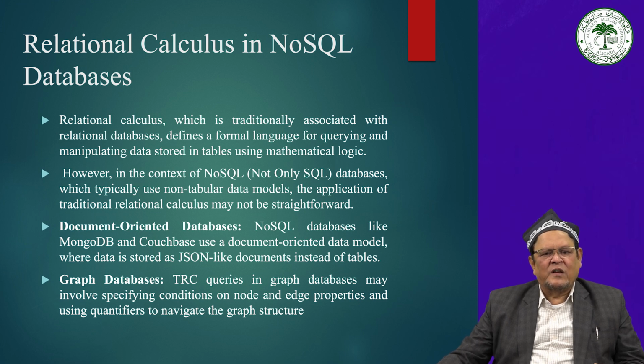NoSQL databases like MongoDB and Couchbase use document-oriented data models where data is stored as JSON-like documents instead of tables. Relational calculus can be adopted to query document-oriented databases by treating documents as tuples and their fields as attributes.